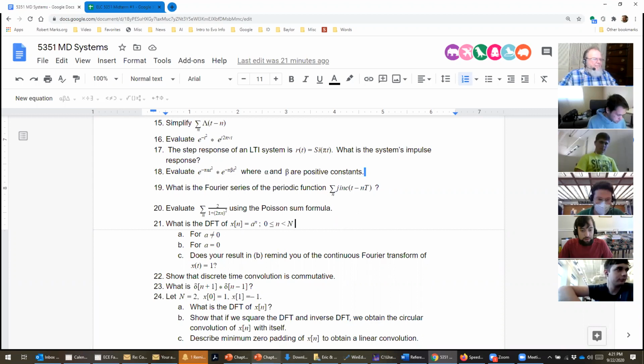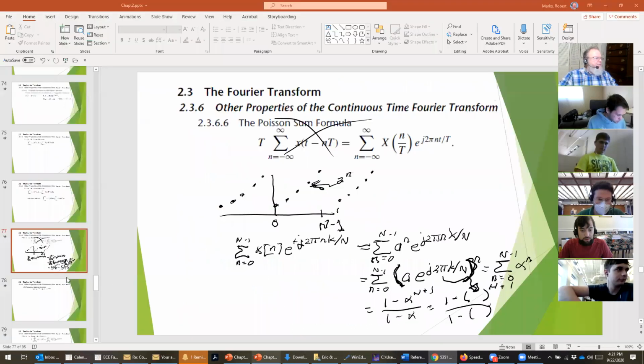Well, let's put on another new slide here. Here's the key. E to the minus pi t squared. And this is a beautiful Fourier transform pair.